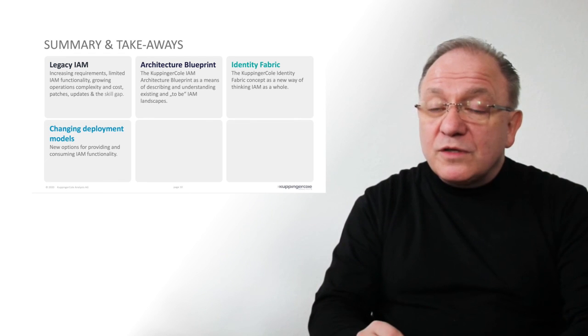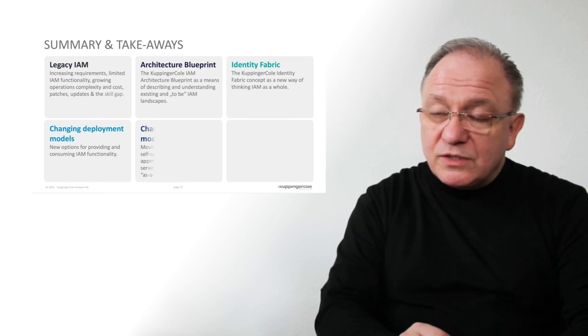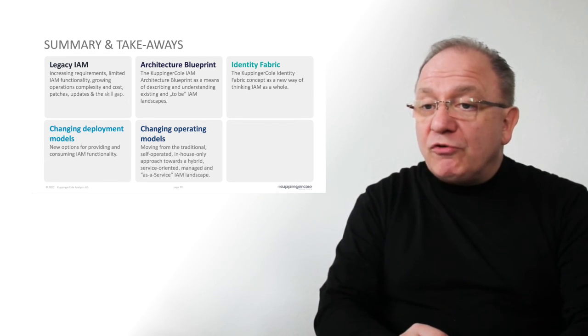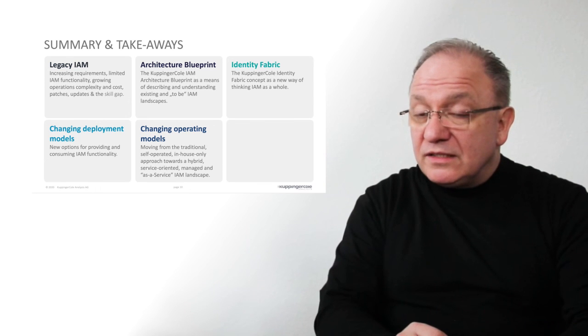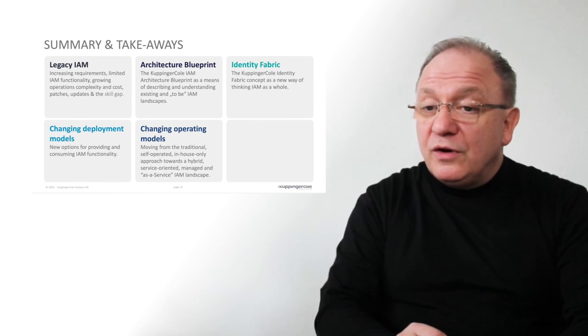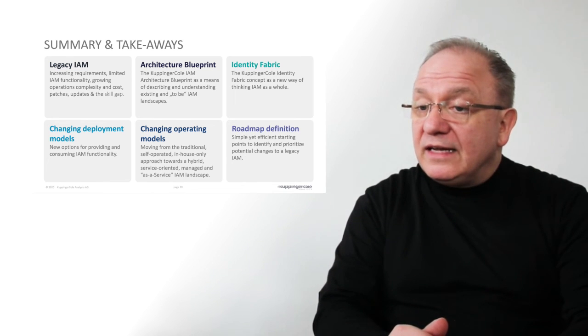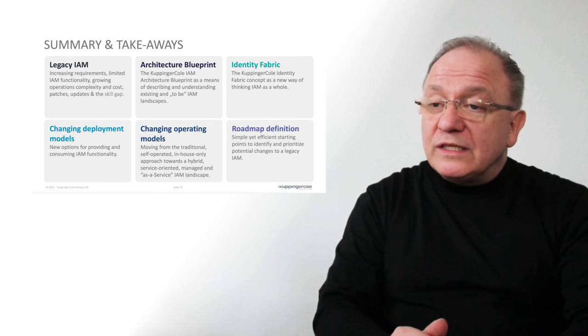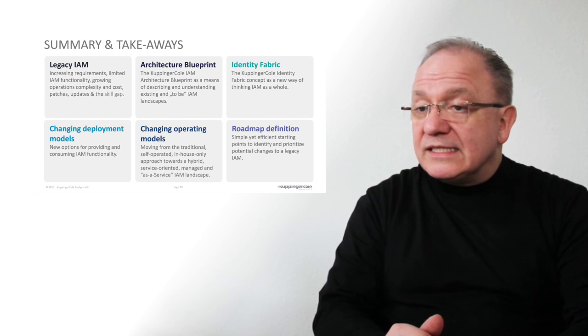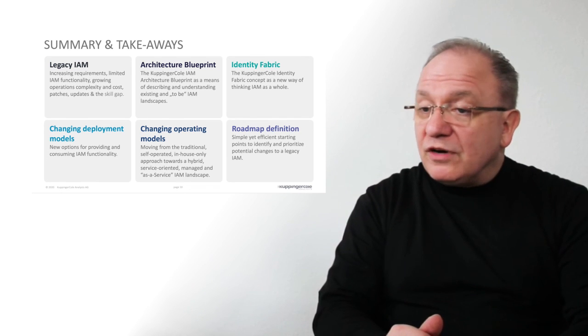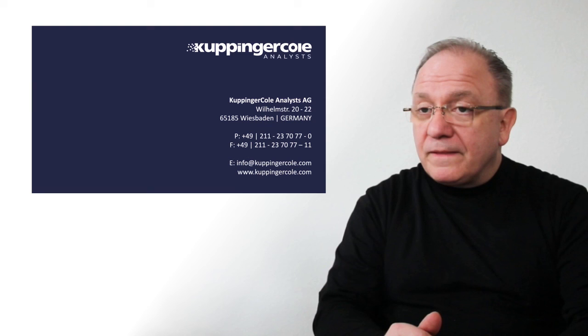Changing deployment models, so where do you run these systems? And changing operating models, who does it? Does somebody do it for you, or is it something that you do somewhere else? And finally, the roadmap definition when it comes to modernizing an existing IAM infrastructure and IAM architecture.